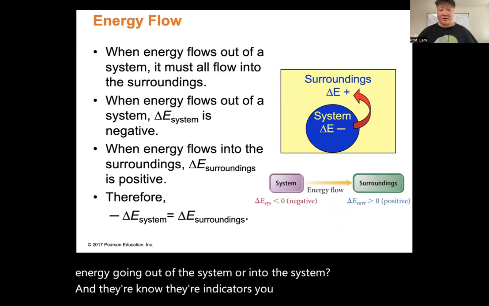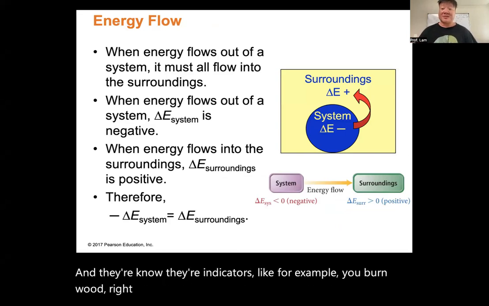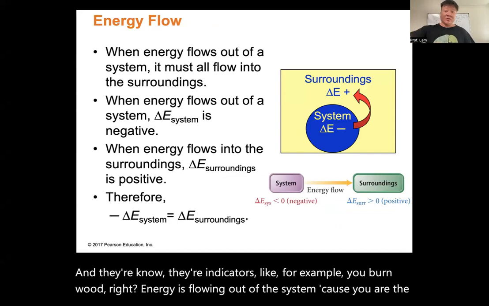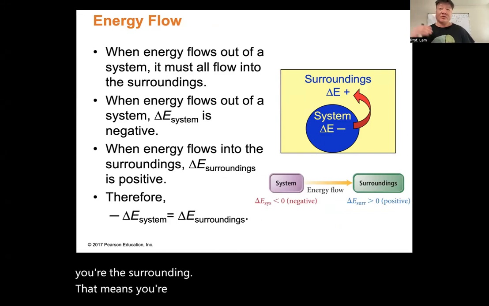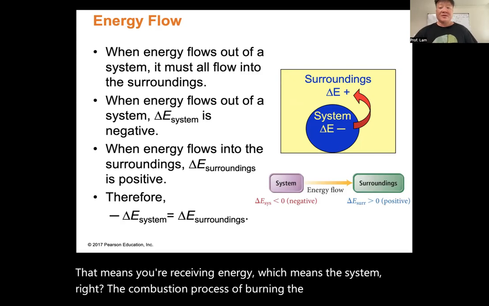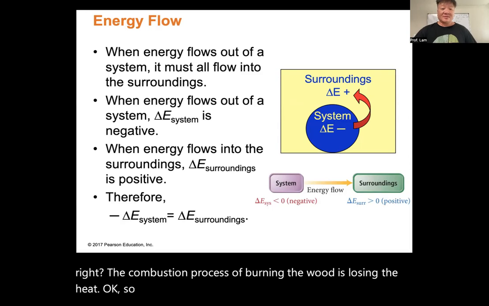Like for example, you burn wood, right? Energy is flowing out of the system because you are the surrounding. The wood burning is the system, and you feel hot, so you're the surrounding. That means you're receiving energy, which means the system, right? The combustion process of burning the wood is losing the heat. Okay. So when energy flows out of the system, it must flow into the surrounding, right?